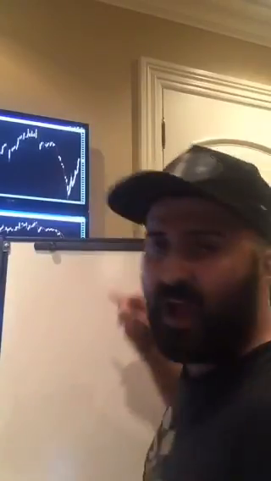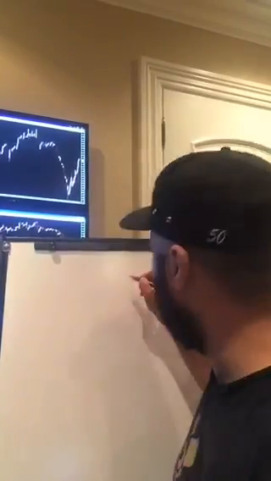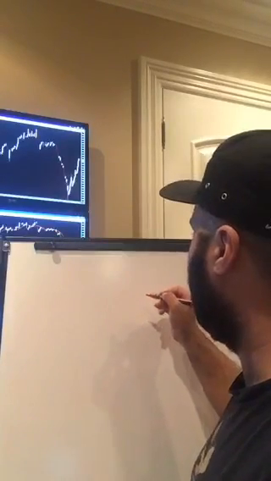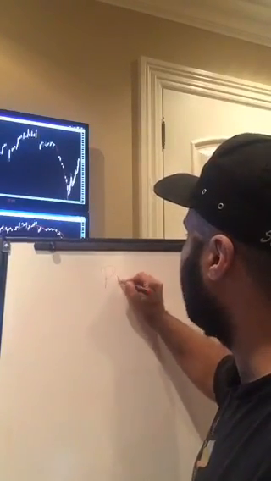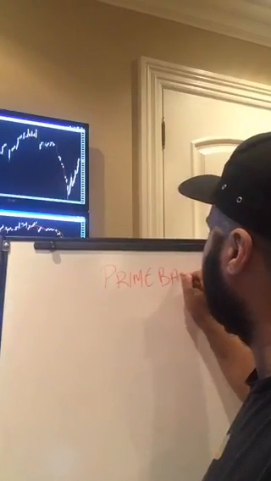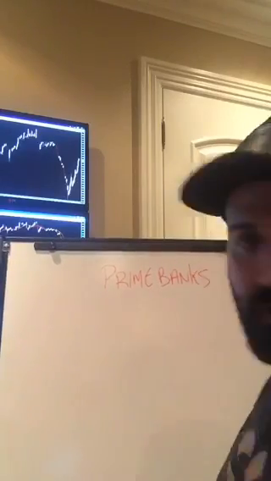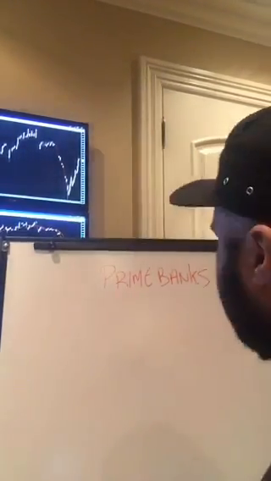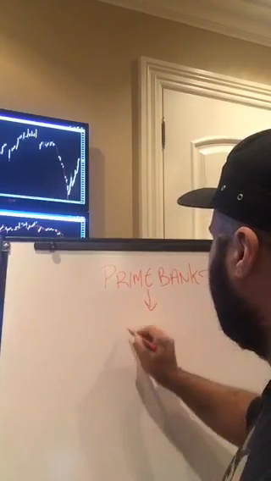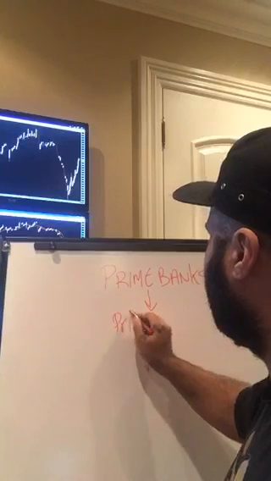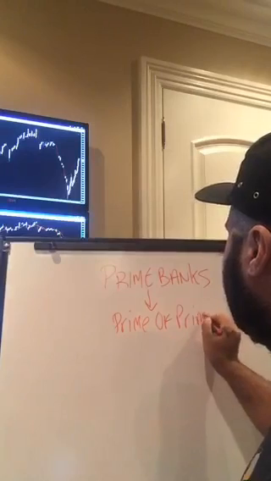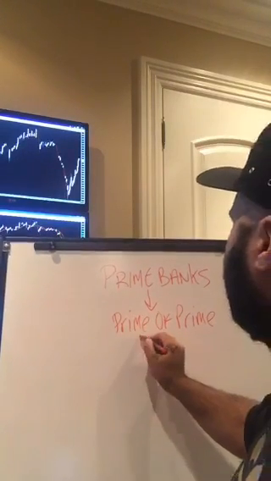So, the top of the chain here is prime banks. Below the prime banks, we have prime of prime banks.